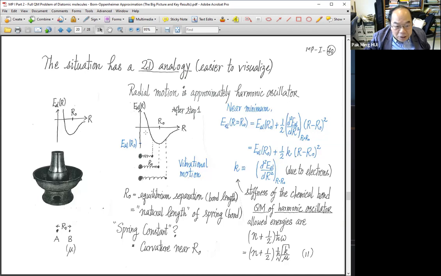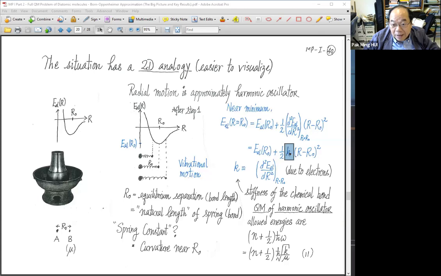Because this curve is provided by the electrons, its behavior gives the second derivative, thereby it tells you the stiffness of the bond, whether the bond is soft or very strong and stiff, right? The source is an electronic QM problem. How wonderful. Appreciate the beauty of nature. This is one of them.